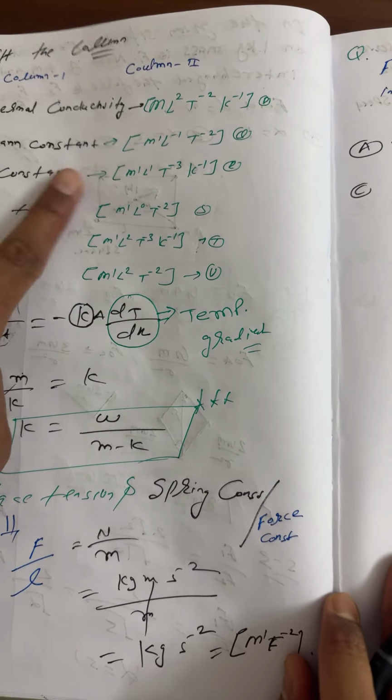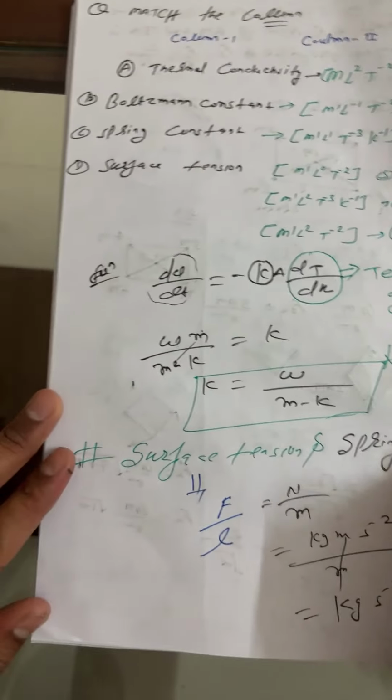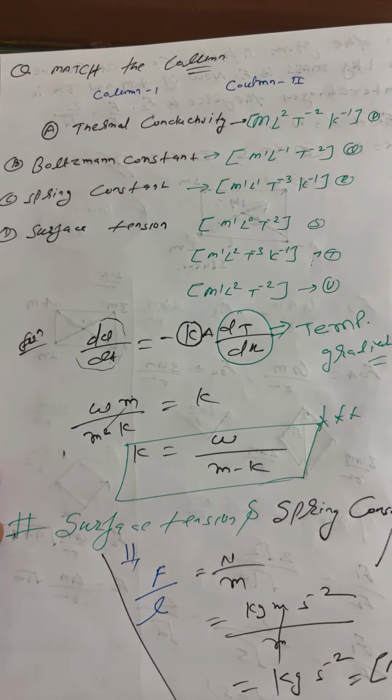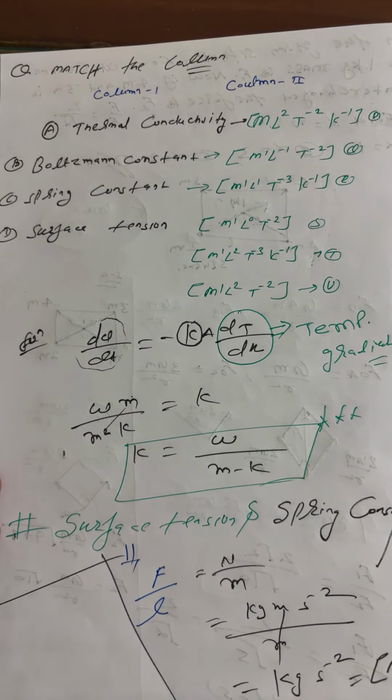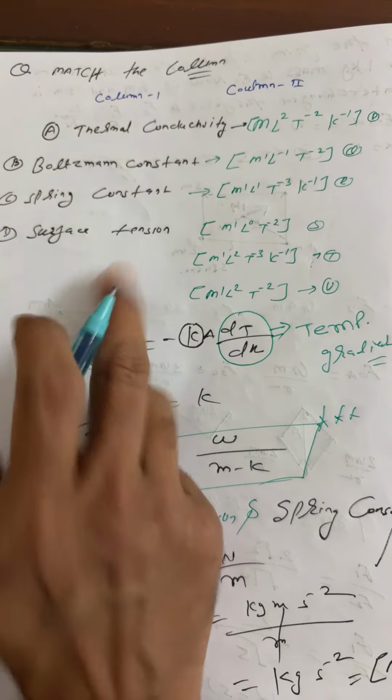Next, the Boltzmann constant. What is the Boltzmann constant here? For the Boltzmann constant, just remember, everyone, that we use the energy from KTG. This question is dedicated only for 11th class students.